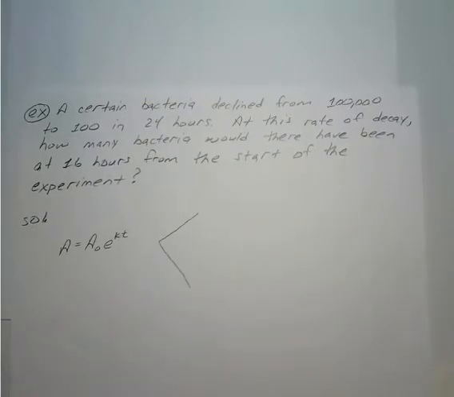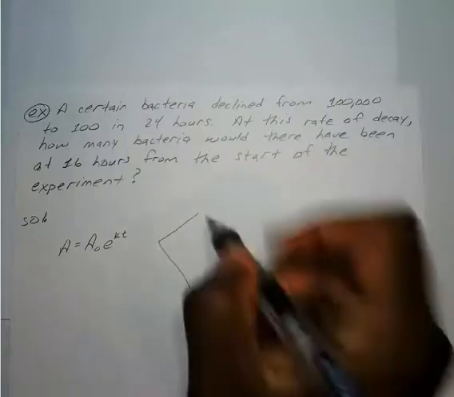Now this one's going to be a little tricky. It looks like you want to solve it one way, but that wouldn't be the correct way if you think about it, but I'll show you what I mean by that.